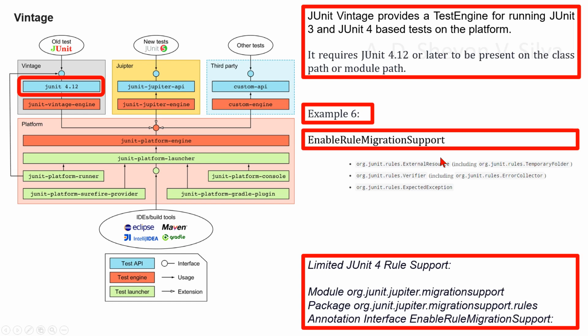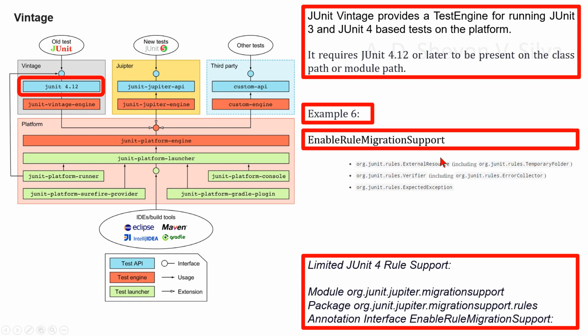This limited form of rule support can be switched on by the class-level annotation @EnableRuleMigrationSupport. This annotation is a composed annotation which enables all rule migration support extensions: VerifierSupport, ExternalResourceSupport, and ExpectedExceptionSupport.